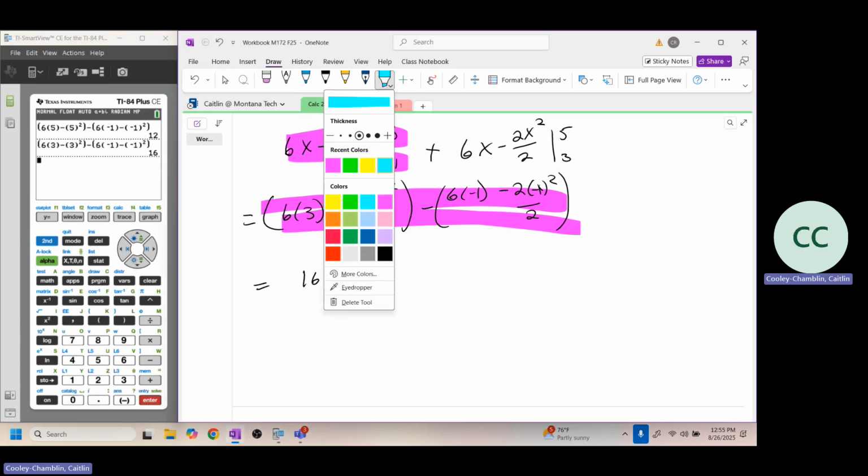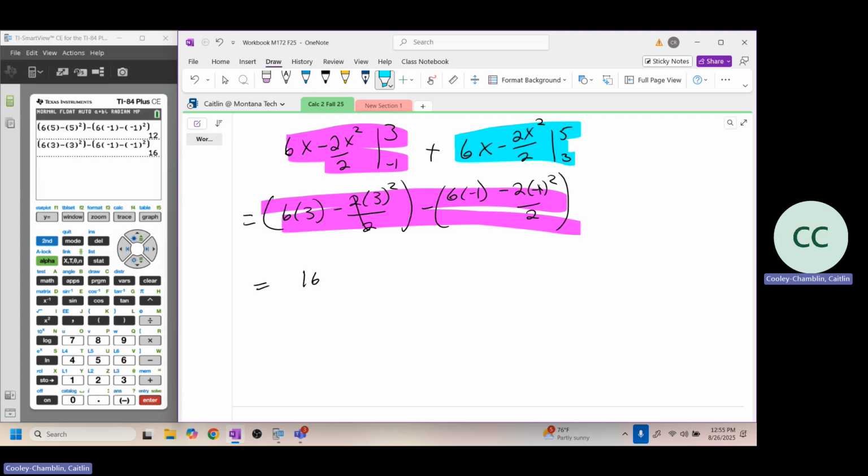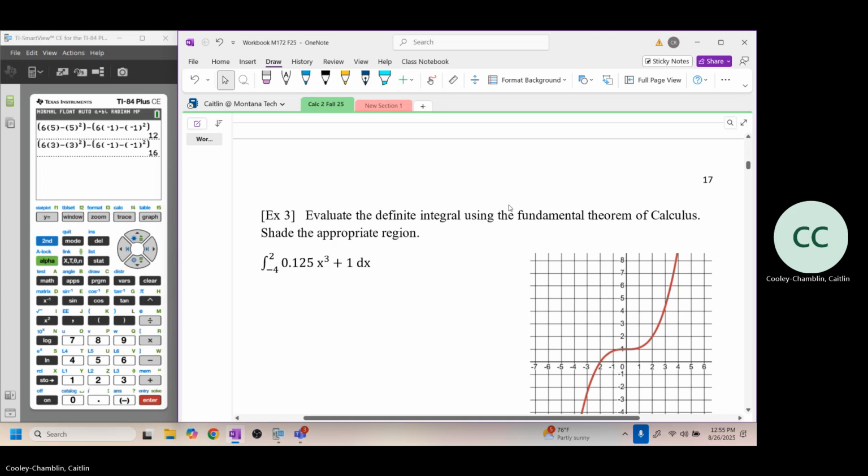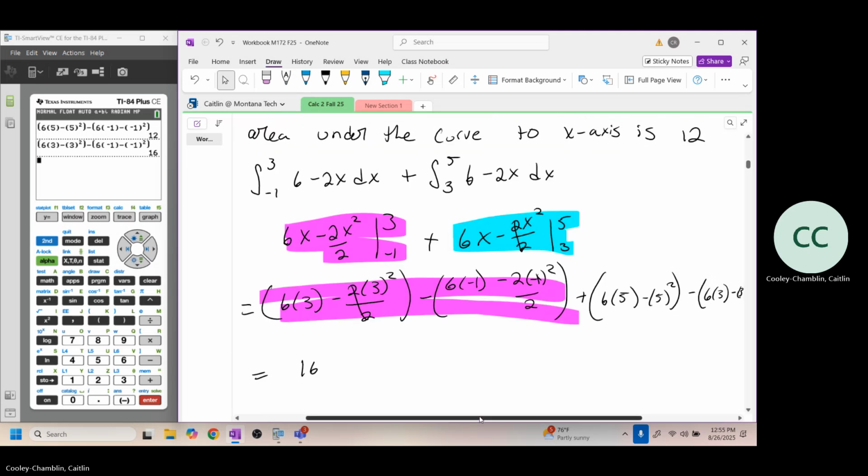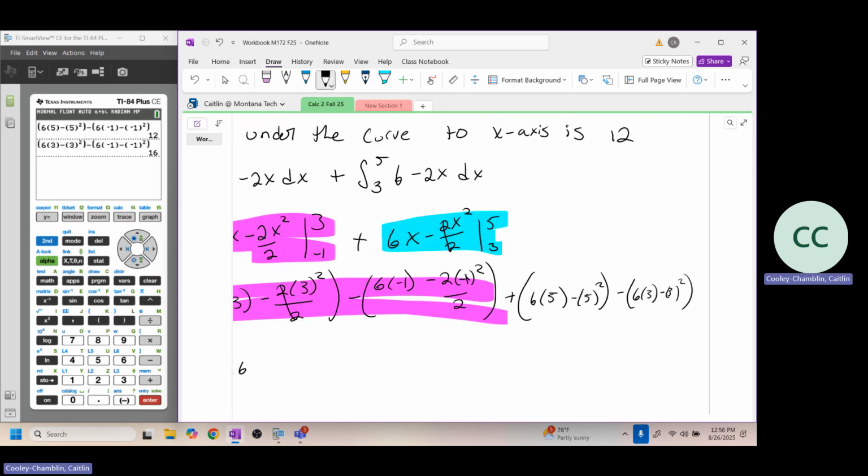So now let's evaluate the function from 3 to 5. So we have plus 6 times 5 minus 5 squared minus 6 times 3 minus 3 squared. All right.